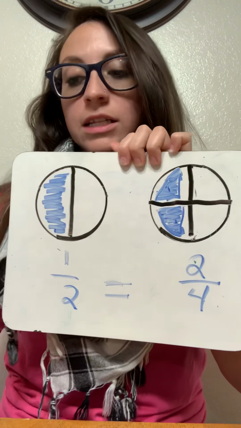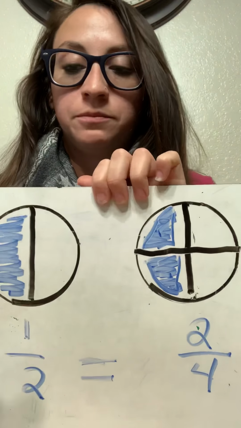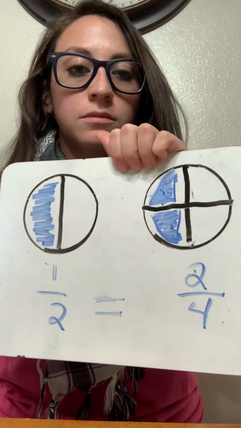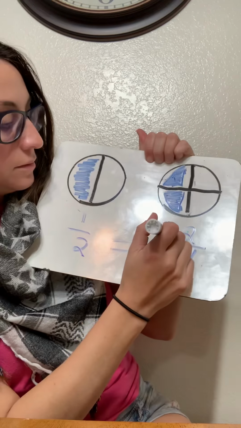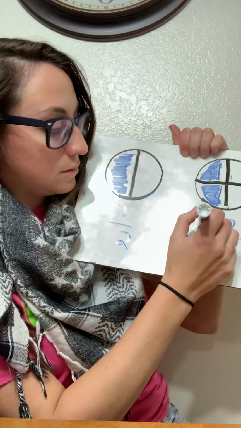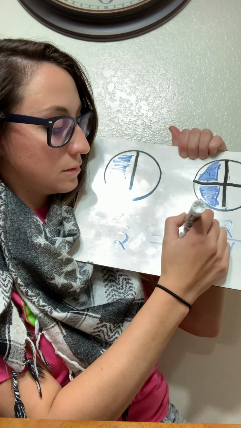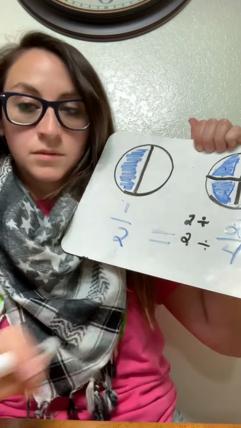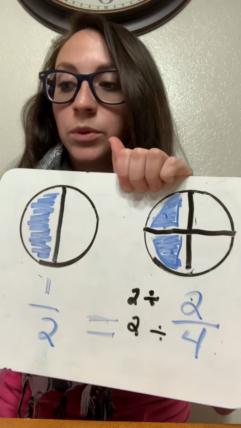So let's write that out and let's kind of work it out together and see what I mean. If I divide, so that's what Sally said we need to do.